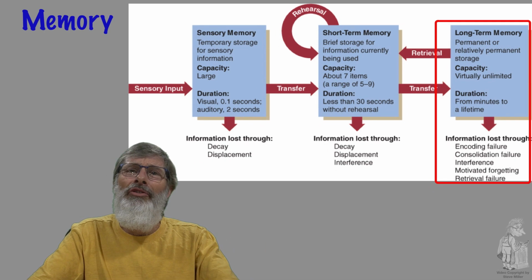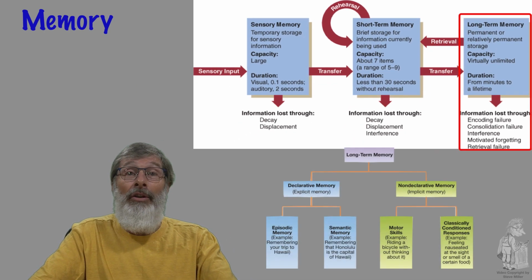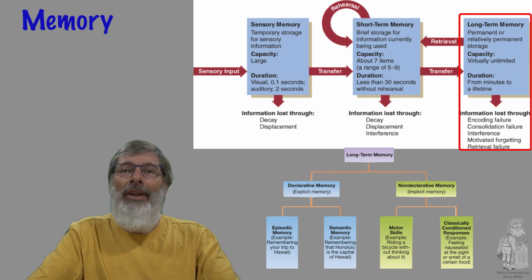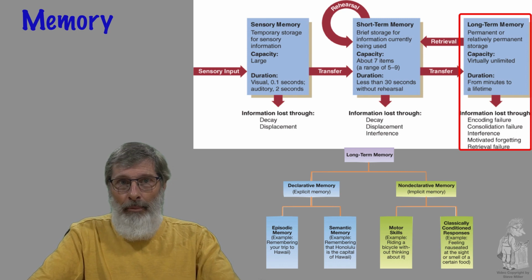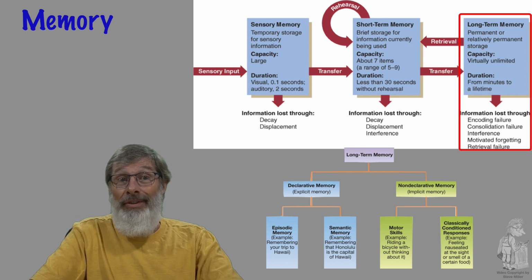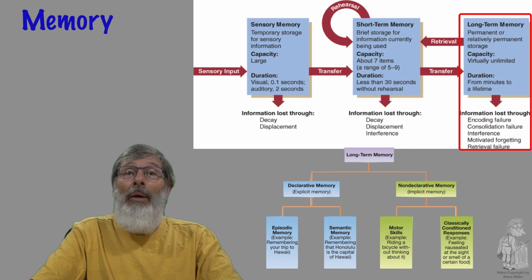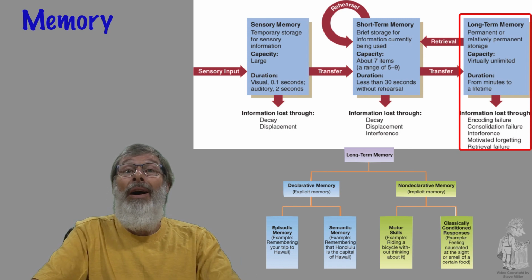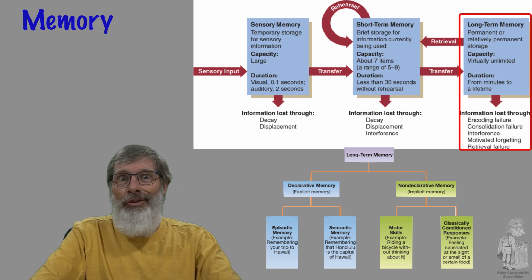Now there are two systems in long-term memory. There's the explicit or declarative and implicit or non-declarative memory. Let's look at those. Explicit memory, or declarative memory, is memory for specific information. These could be considered your autobiographical or your general knowledge.